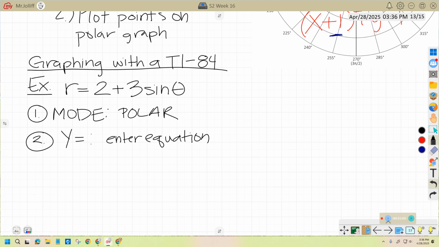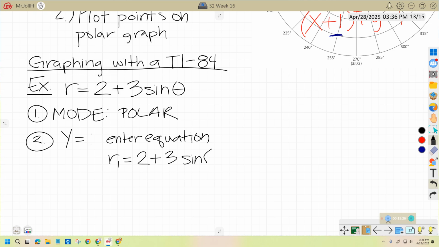So you're going to enter your equation in R1. So you should see R1 equals, you're going to type 2 plus 3, and then you're going to press the sine button. And then I want to pull up a theta.